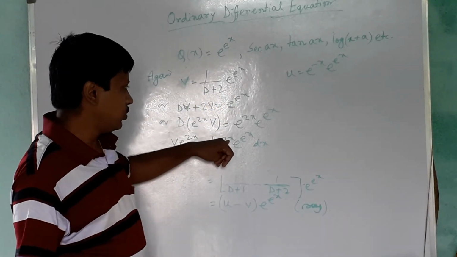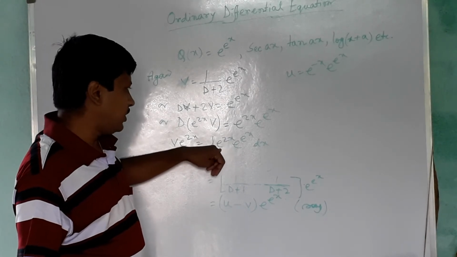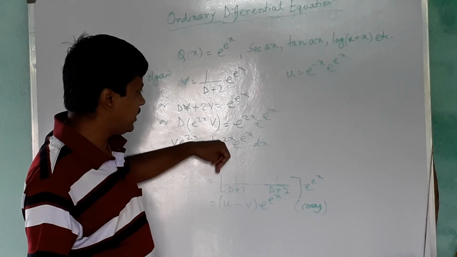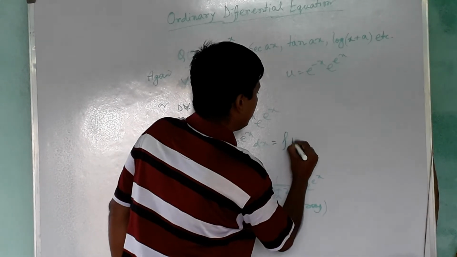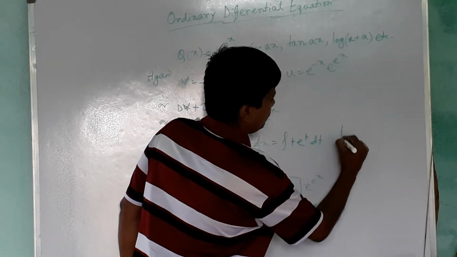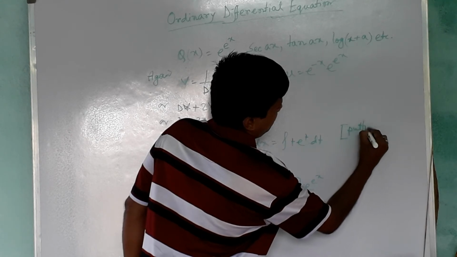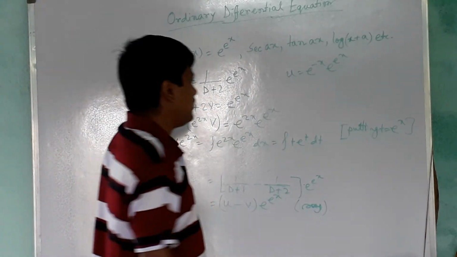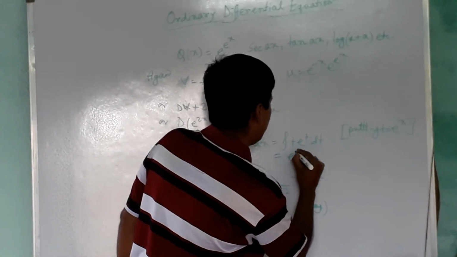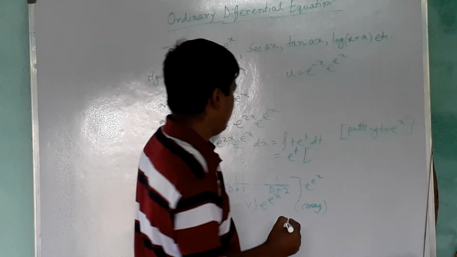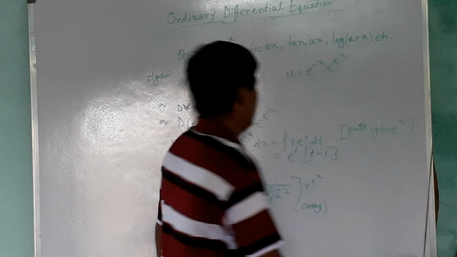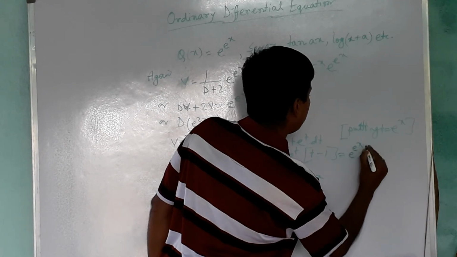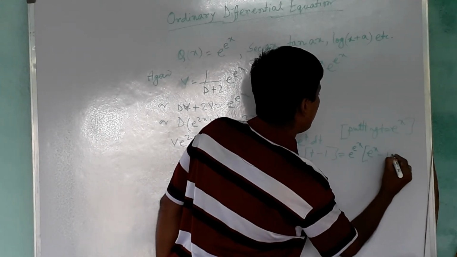Now putting e to the power x equal to t, we get t square and dt by t, so ultimately it will be the integral of t e to the power t dt. Its integration is t e to the power t minus e to the power t, that is e to the power t times (t minus 1). Putting t equal to e to the power x, we get e to the power (e to the power x) times (e to the power x minus 1).